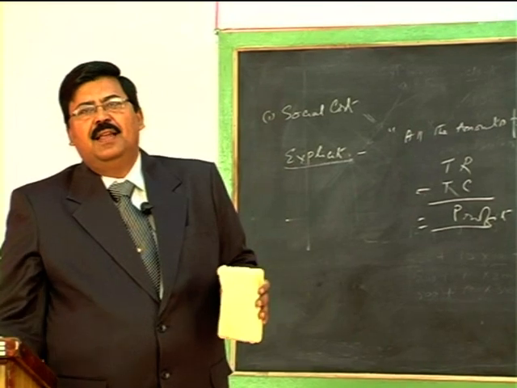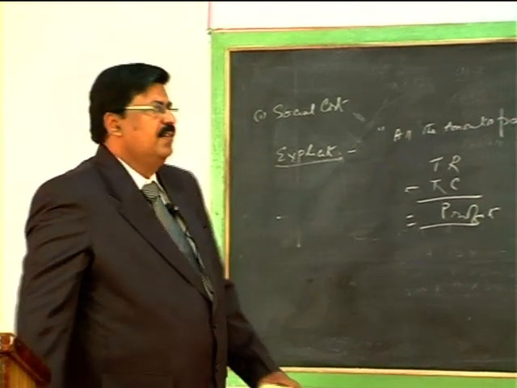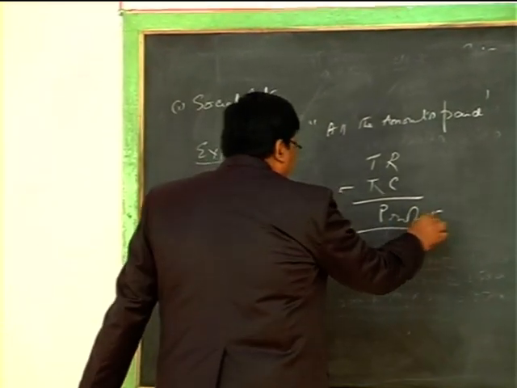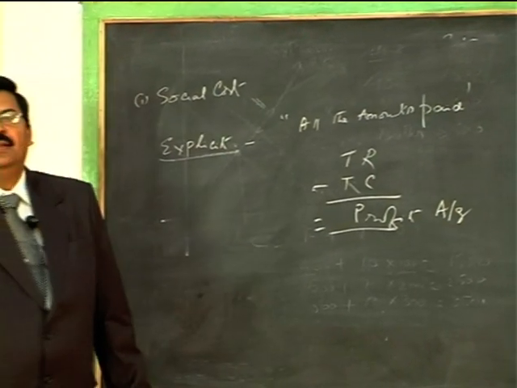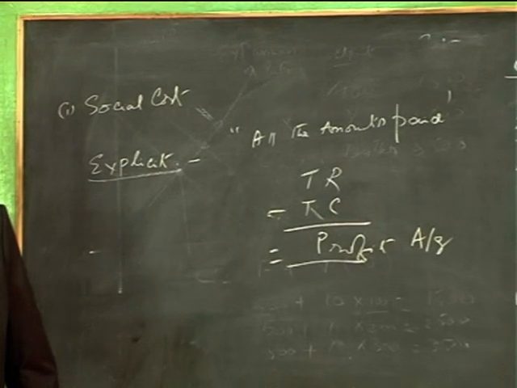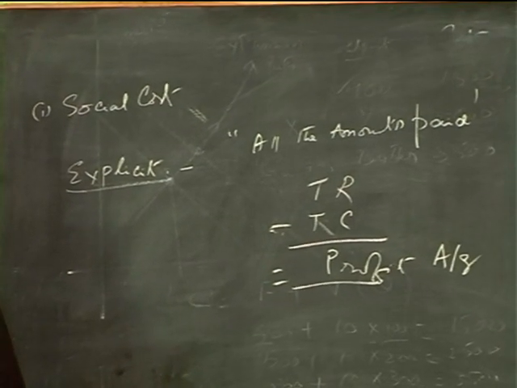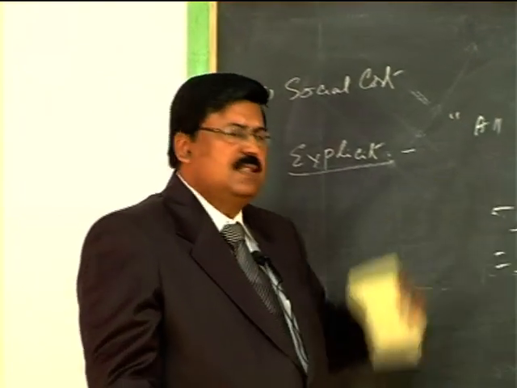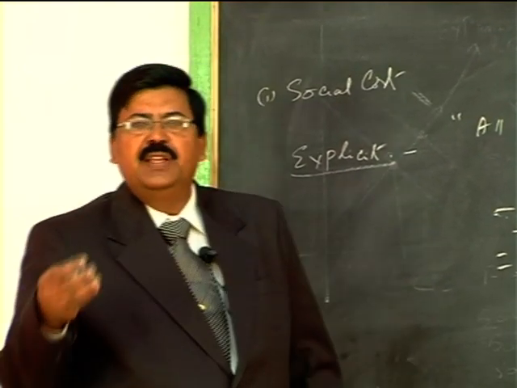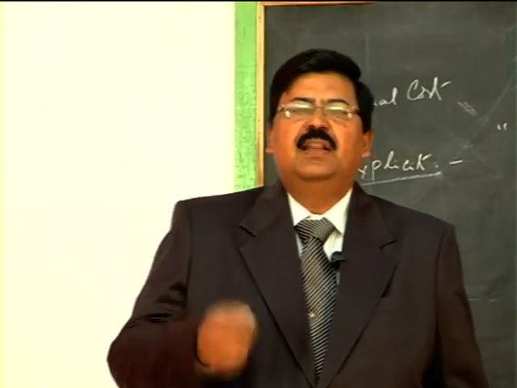But economic profit is different from that of accounting profit. This is a pure accounting way of determining profit. Here, there are some more items you have to consider. You have to include a few more items in the cost. What about the money invested by the entrepreneur?